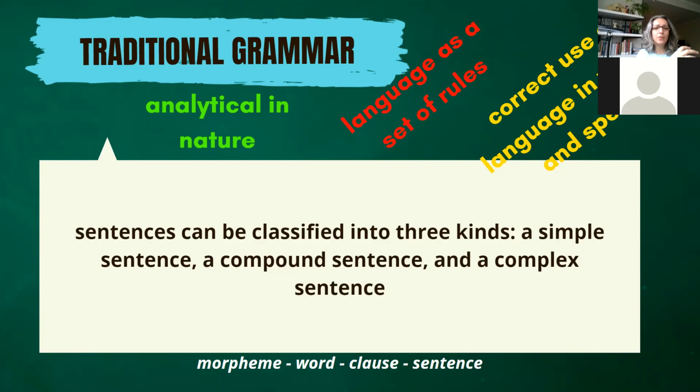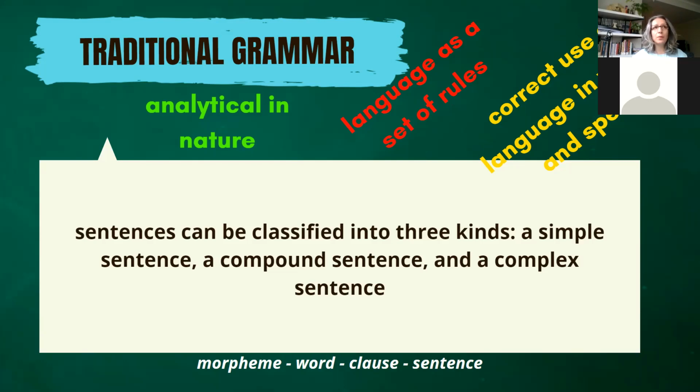And then there's another one in there that's a phrase. And then there's a sentence, and the sentence is the ultimate in traditional grammar. And it even breaks up sentences into three categories: a simple, a compound, and a complex sentence. And we've heard that many times before. So those are the distinctions between traditional and functional grammar.